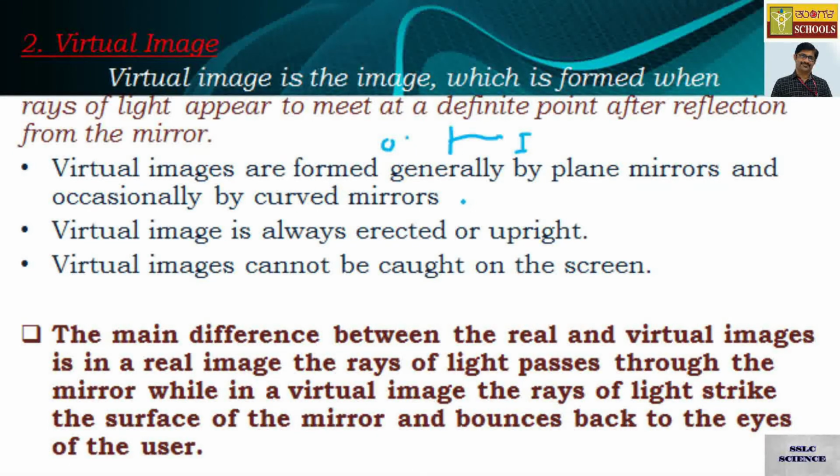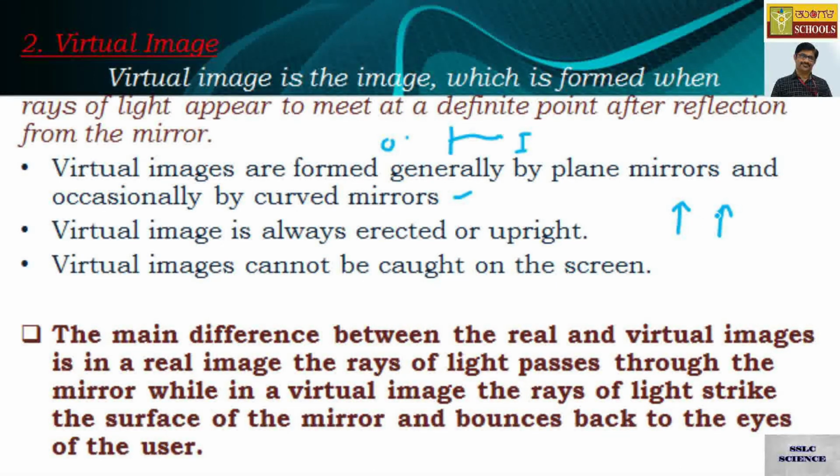Virtual images are formed generally by plane mirrors and occasionally by curved or spherical mirrors. Curved mirrors occasionally form virtual images, while plane mirrors definitely form a virtual image. A virtual image is always erect or upright. They are always straight. If the object is like this, the image is also like this.